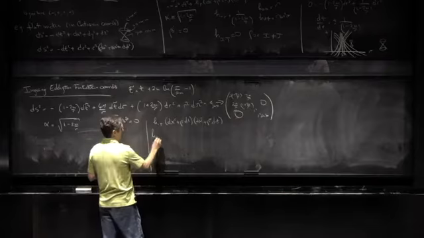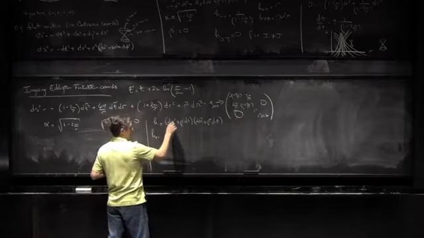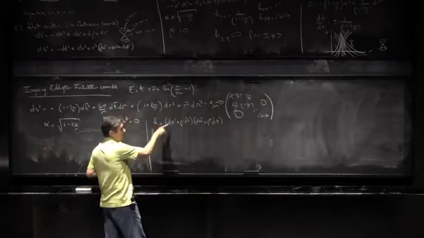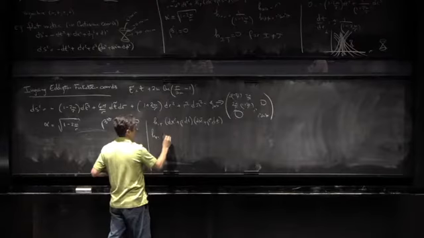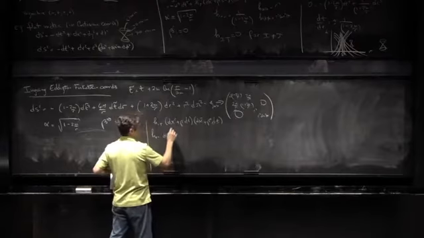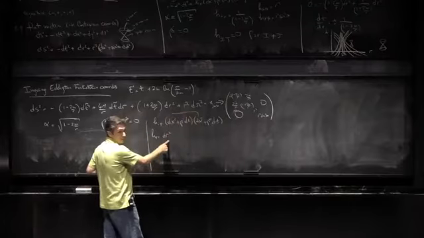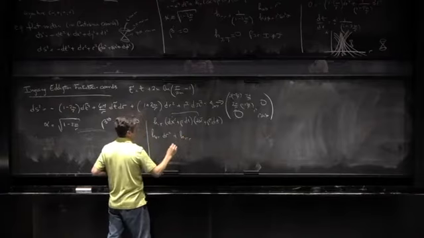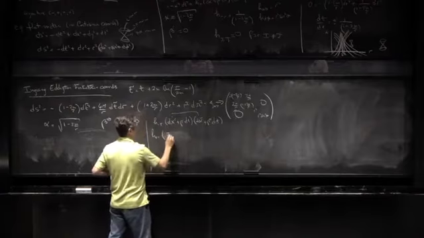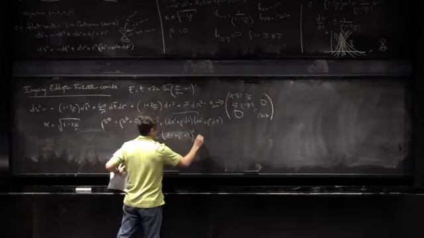This will have terms like h rr, and I should put r's all through. This would pick a dr from here, and if I do this one with that one, I have h rr dr squared. Then I have h rr (dr plus beta r dt) squared.